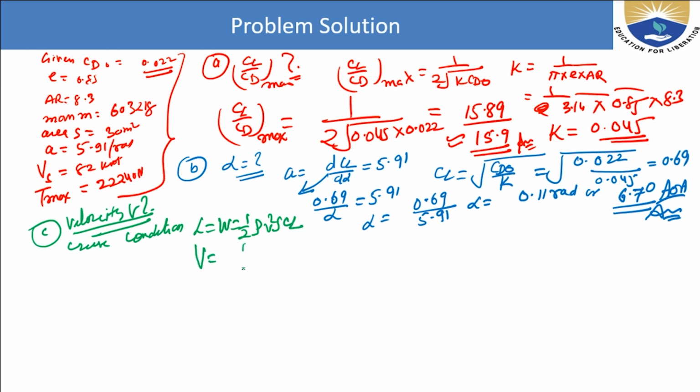So V is equal to 2W divided by rho S CL. So under root 2 into mass, here 6032. This is the mass.